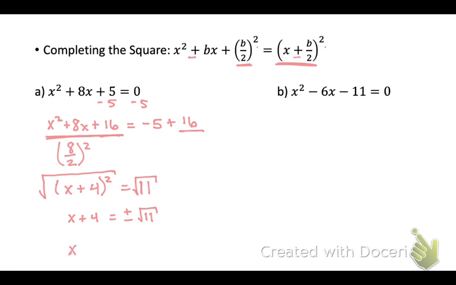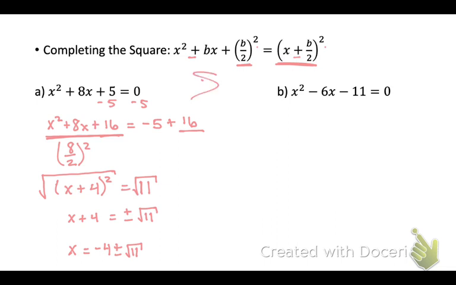So x equals negative 4 plus or minus the square root of 11. So that is two values. It's negative 4 plus the square root of 11 and negative 4 minus the square root of 11. Do we know the square root of 11? No. And we would need a calculator to get a decimal approximation of that. And that's how we do it.